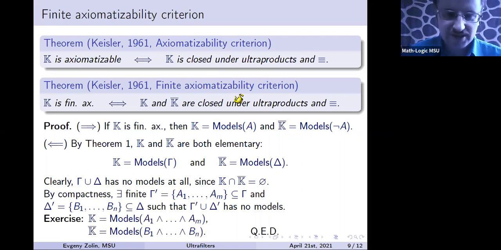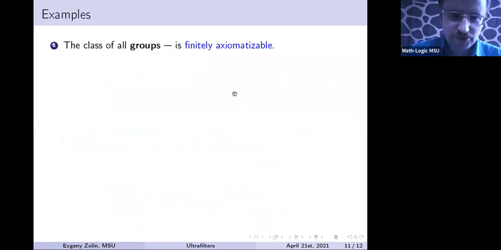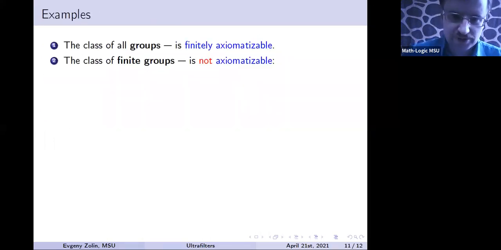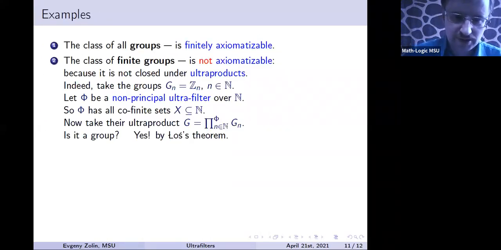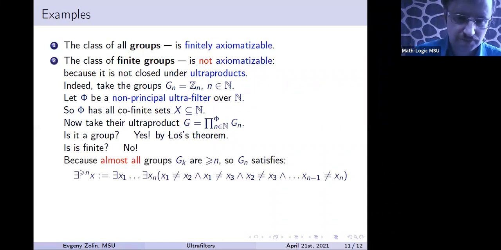Okay, so in all examples, in fact, you could think in simpler terms, not about ultraproducts, but about compactness. So here, for example, consider these sentences: there exist at least 10 elements. Consider gamma: there exist at least one, there exist at least two, there exist at least three.